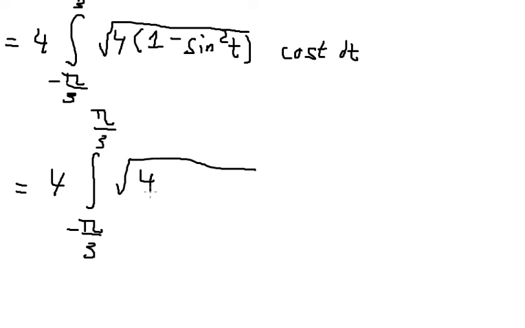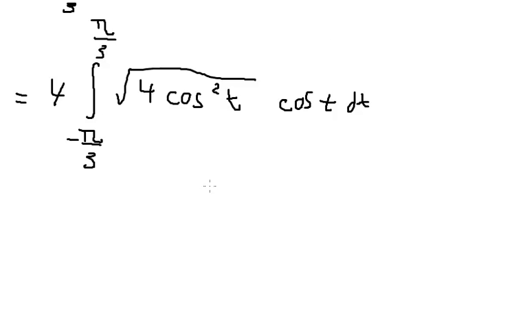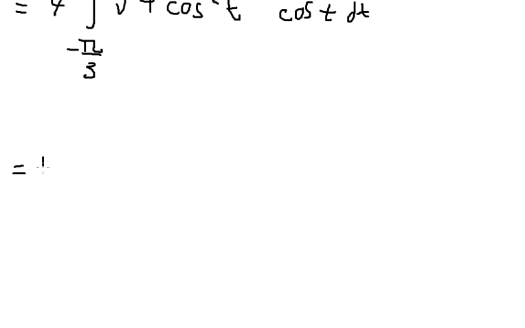So we have 4 cosine t squared, we have cosine t dt. The square root of 4 cosine t squared, we have 2 cosine t.